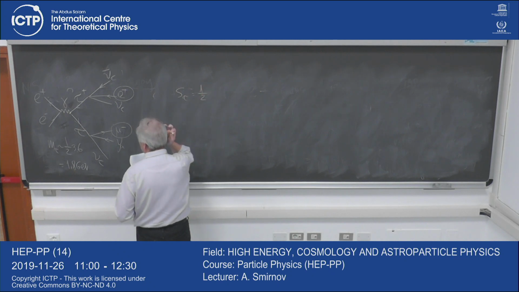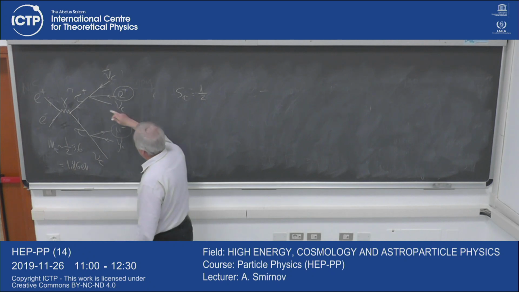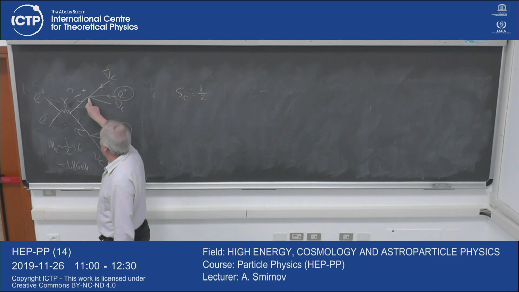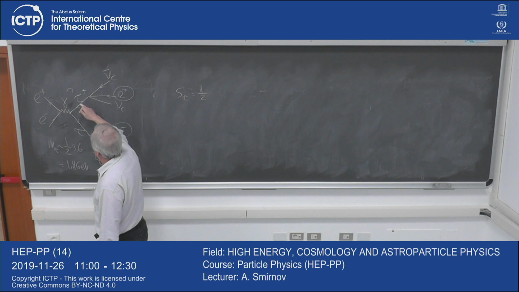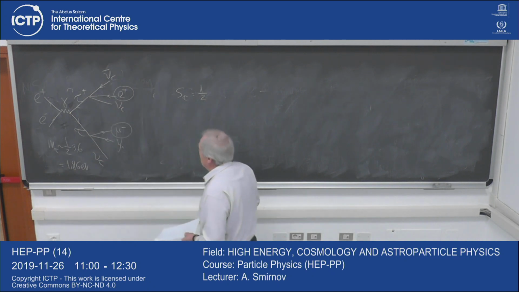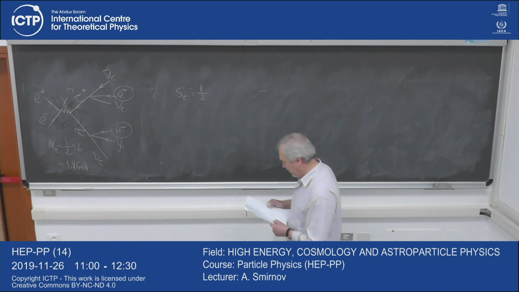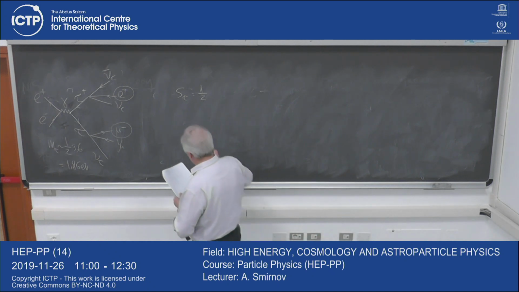So it was confirmed that we deal with something quite similar to what we had before. The interaction here is current times current, right? This is similar to muon decay, where the muon transformed into a muon neutrino and then an electron pair. After some measurements, it was established that the spin is 1/2, and you have a decay similar to what you have in the case of muon decay.